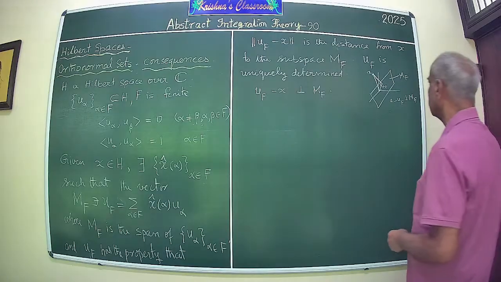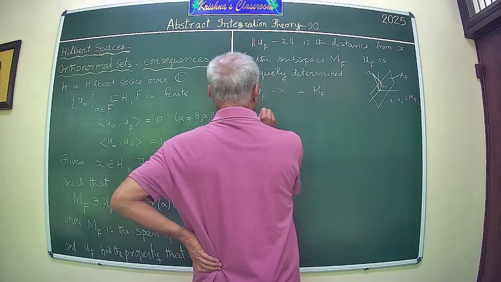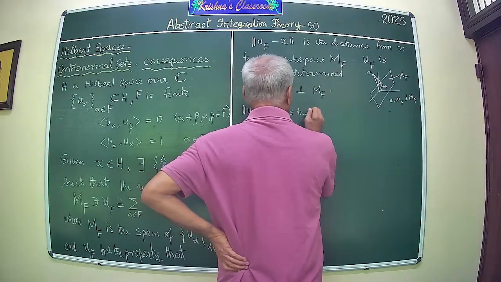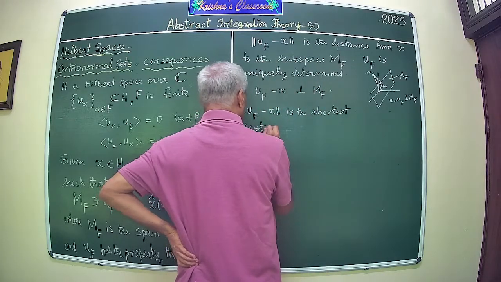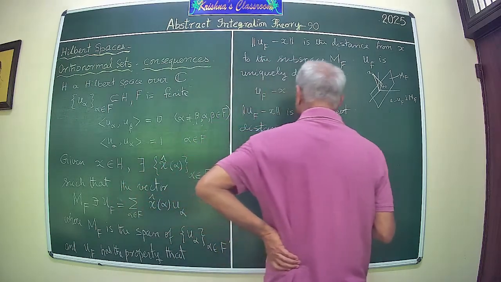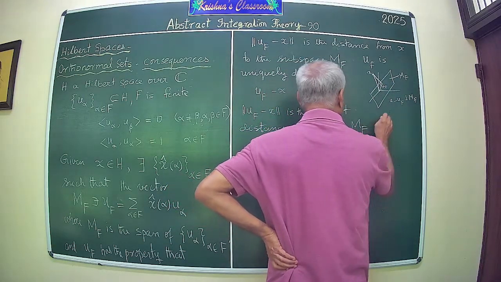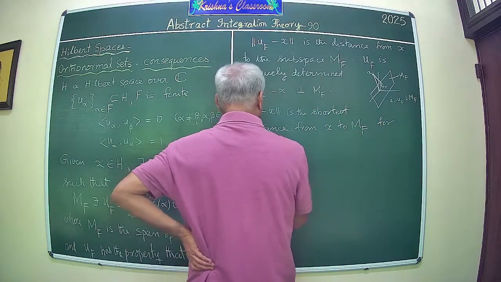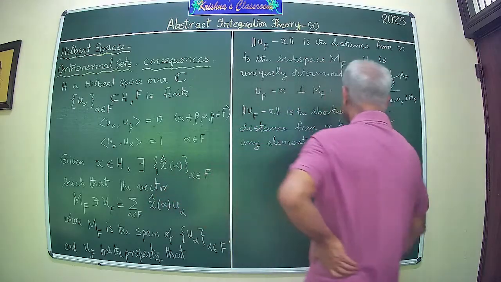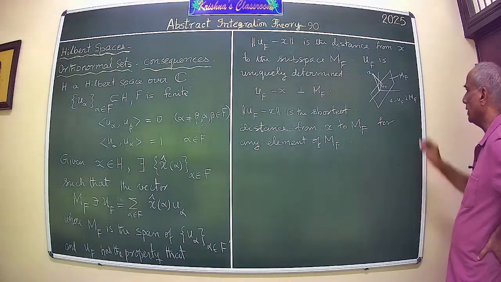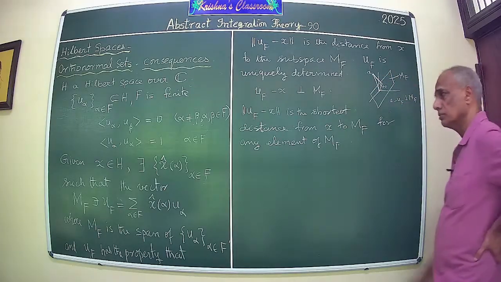For that is the shortest distance from x to M_F. So u_F is a unique vector such that this is the shortest distance from x to M_F. That is the theorem that we have proved.